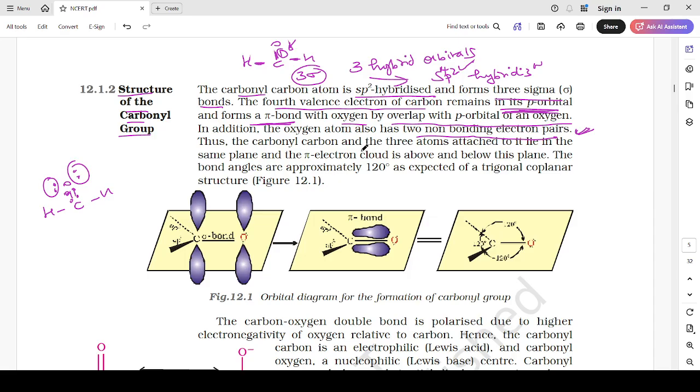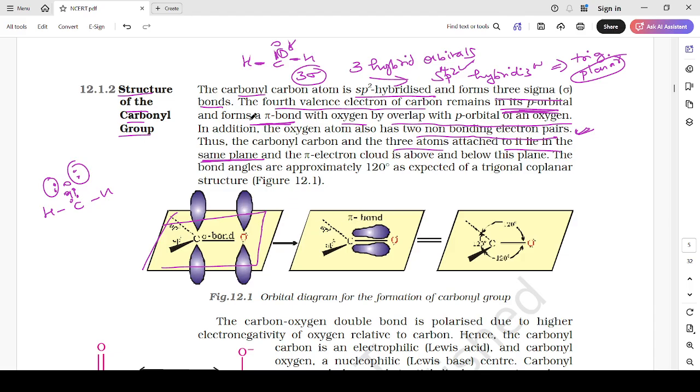Thus the carbonyl atom and the 3 atoms attached to it lie in the same plane. And why? When I say sp2 hybridization, what is the geometry? Trigonal planar. The word planar says that all of them are lying in the same plane. Which are lying in the same plane? The 3 atoms that are attached to it.